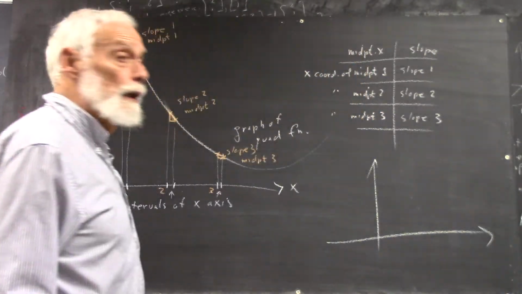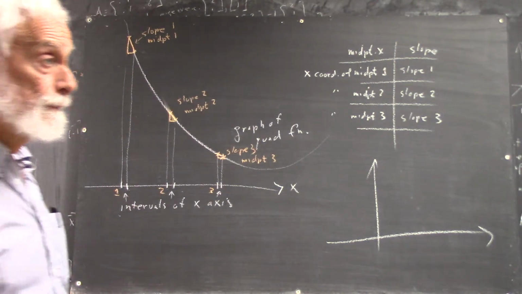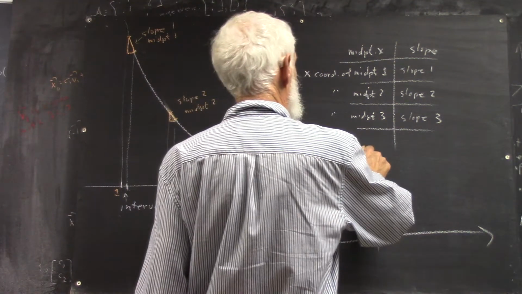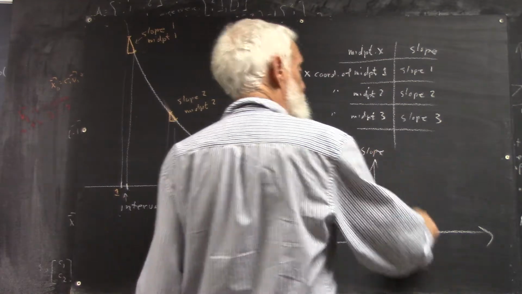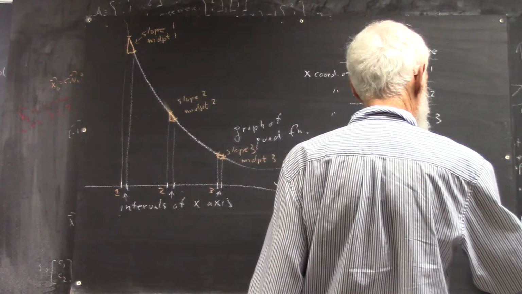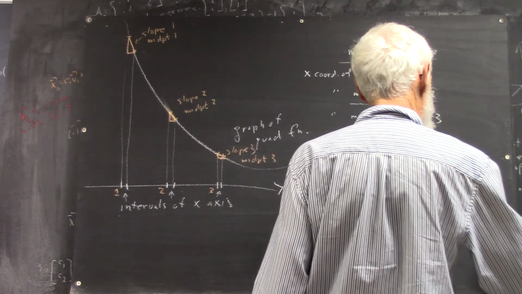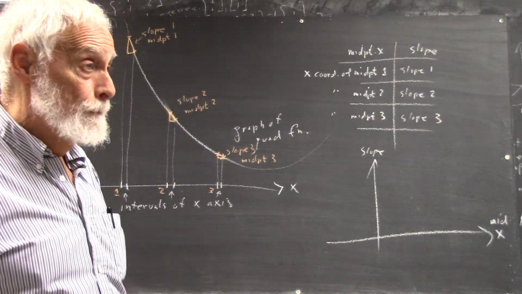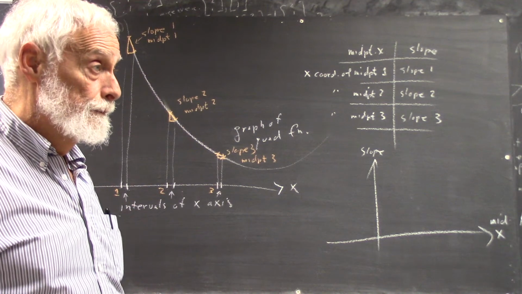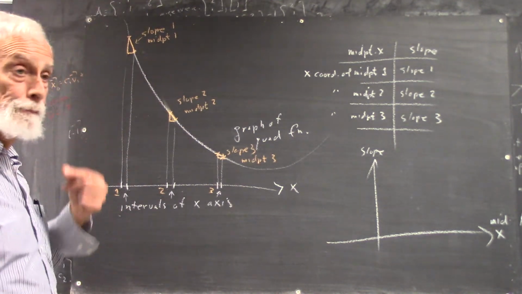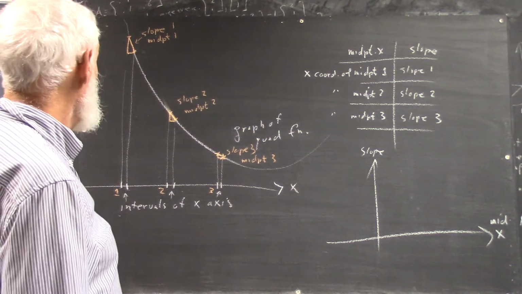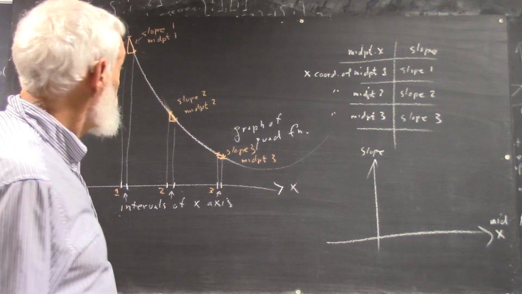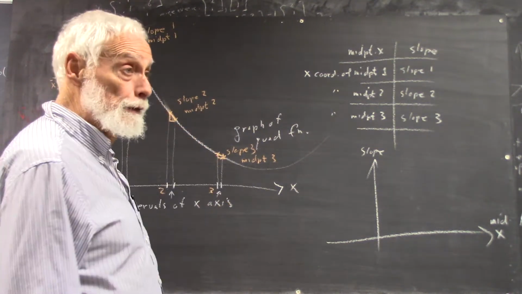Then you draw a graph. Slope goes here. Abbreviate midpoint with just midpoint x, right? Okay? And we get 3 slopes. Actually, notice all the slopes are negative, right?